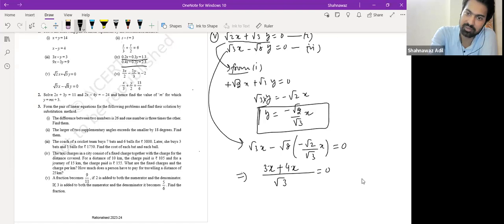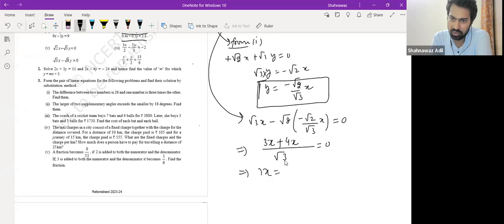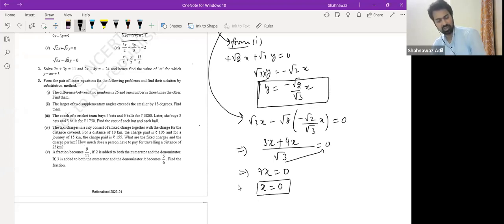Any doubt in that? No, sir. So this is 7x equals root 3 goes in here, multiplied with 0, so this becomes 0. So x is 0 by 7, so this is 0. Right, guys? Any doubt, Amira and Amar?